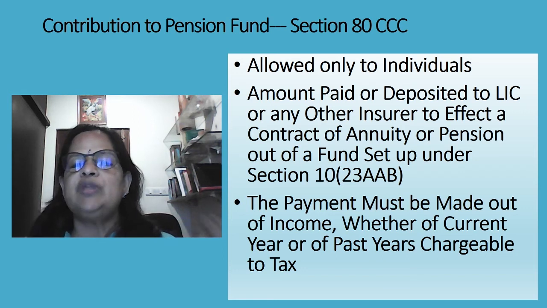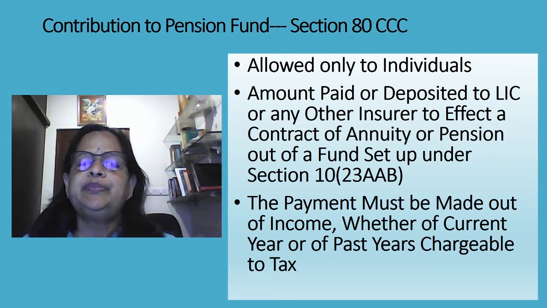The payment must be made out of income, whether of the current year or past years, chargeable to tax. This is the condition you can see only in this section. I told you section 10 is about exempted incomes: agricultural income, dividend from companies, exempted commuted value of pension in the case of government employees, encashment of leave at the time of retirement, gratuity for government employees.